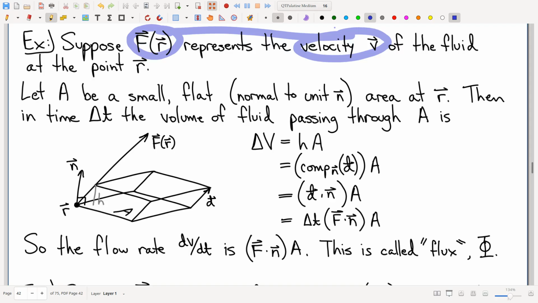Okay. With that stated, I'll use green for this.